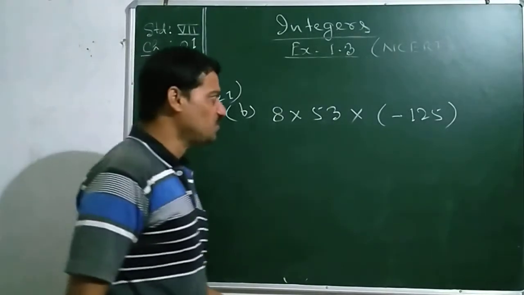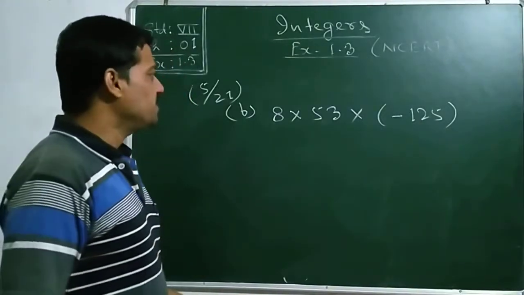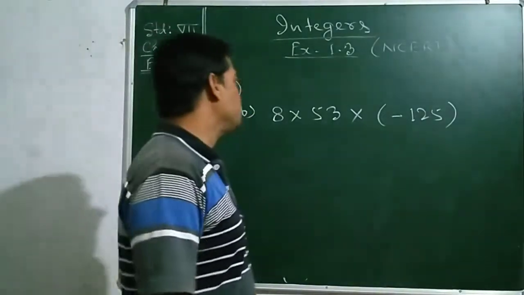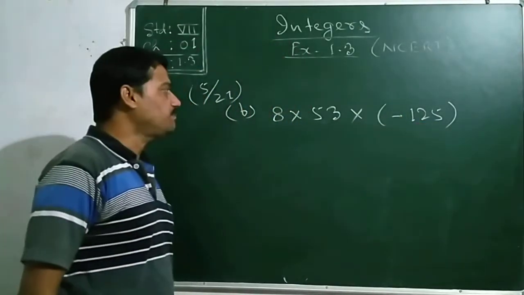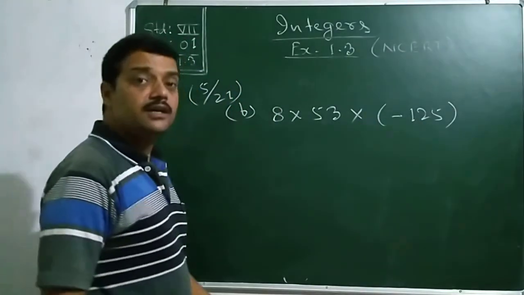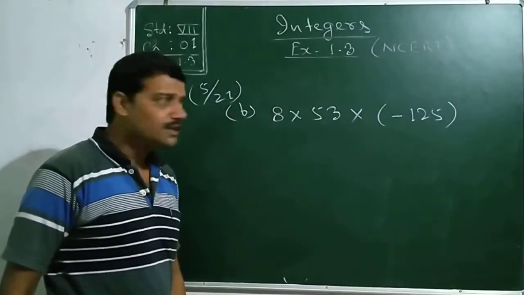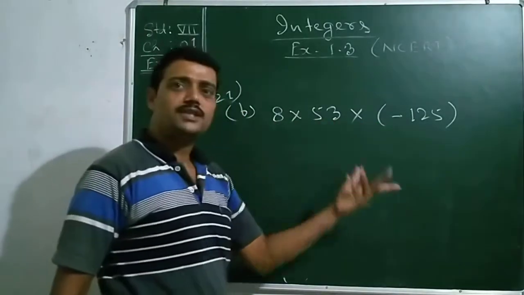It's not useful, it's not helpful. That's why you have been taught so many properties. If you follow the associative property and associate 8 and 125, the resultant product will be very simple because the calculation is simple. 125 into 8 is equal to 1000, so minus 125 into 8 gives minus 1000, into 53.